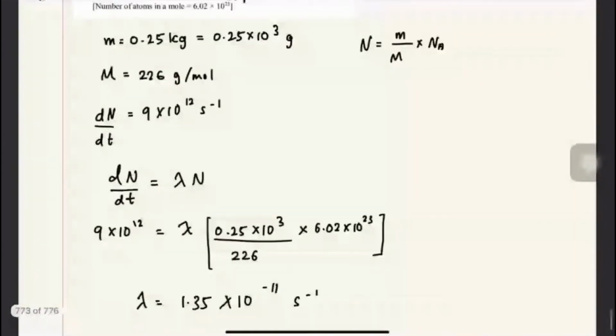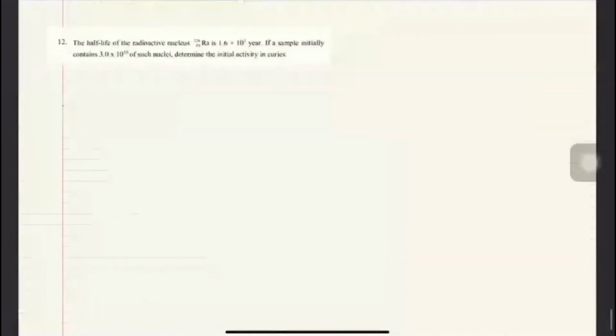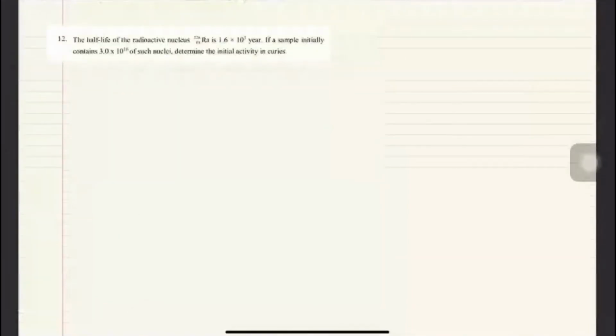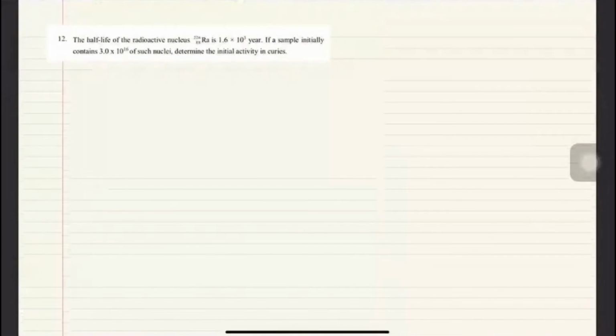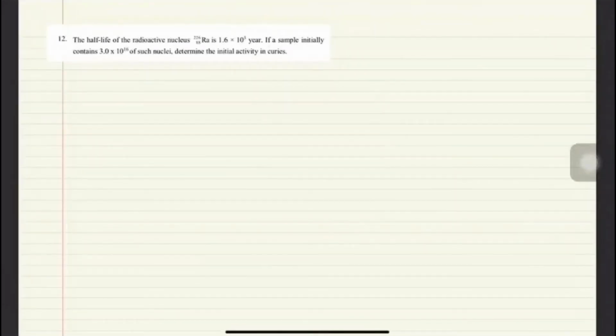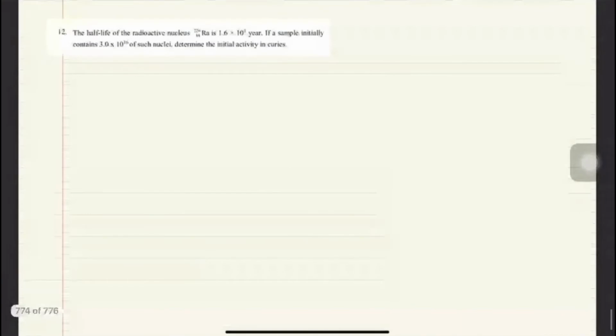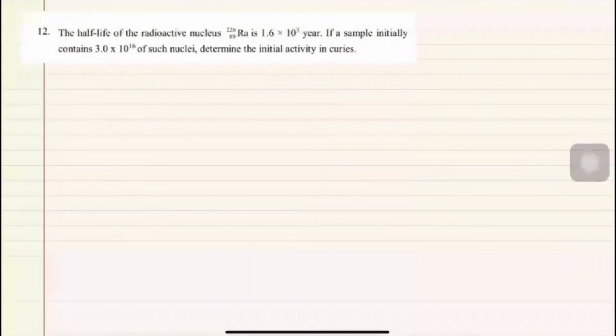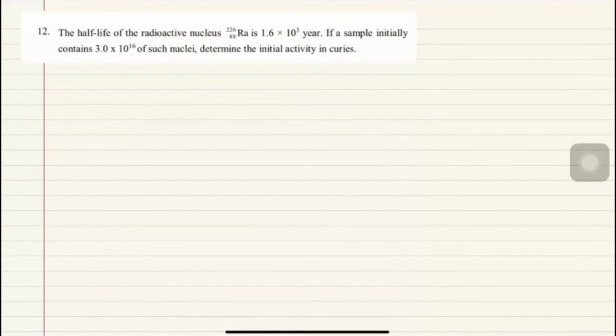Now kita try tengok the next question, question 12. Dia kata half-life of radioactive nucleus 226-88 is 1.6 times 10 to the power of 3 years. If a sample initially contains 3 times 10 to the power of 16 of such nuclei, determine the initial activity in Curies. So here dia cakap lah, dia nak dalam CI.